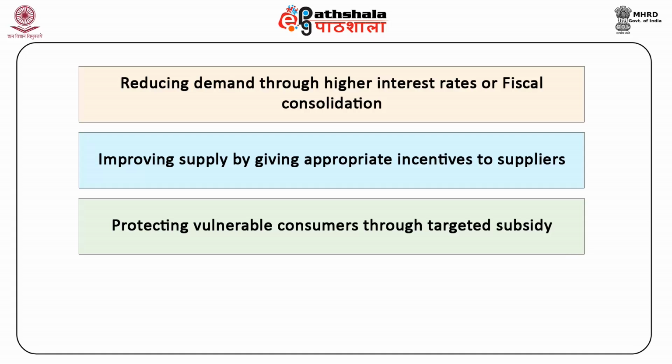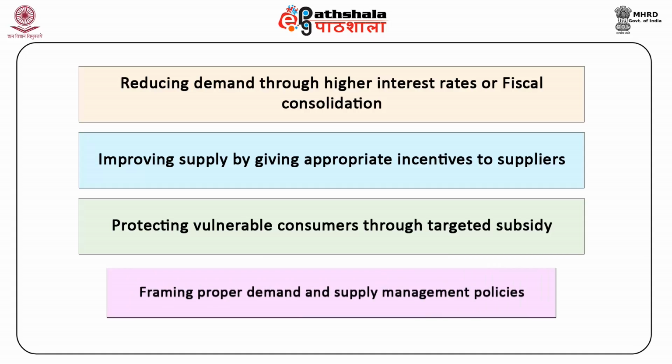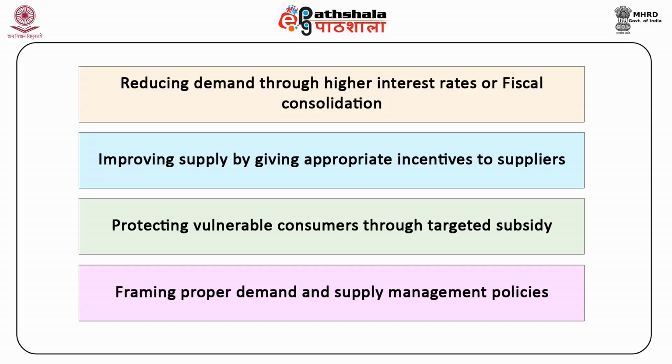Since inflation is caused by a mismatch between demand and supply, proper demand and supply management policies can be framed by curbing demand moderately in the short run so as to allow supply to catch up with the demand. Whereas in the long run, measures to increase supply would have to be the primary solution, as curbing demand would be unwise and difficult.